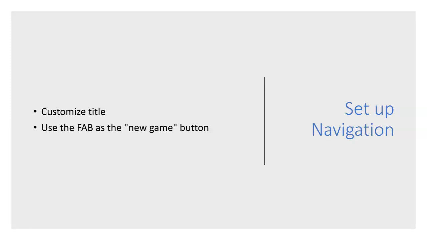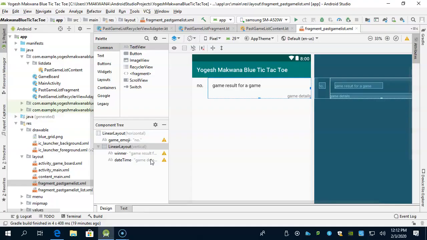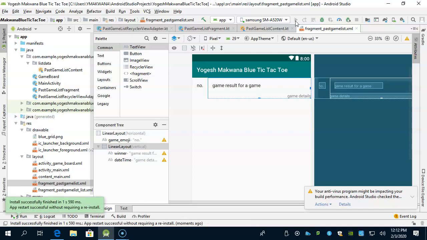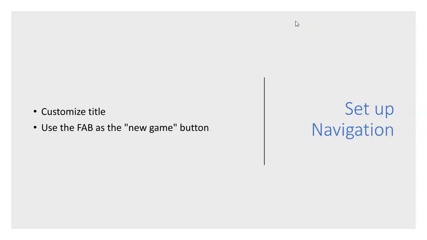So this part also we did. If you run your app, you will see that it creates that floating action button, which we changed to a play button. And when you play, it launches the new screen. So this is where we were at. We had some dummy data, and the play would show us the game state, right? And this is where we stopped last time. And that's where we'll continue today.